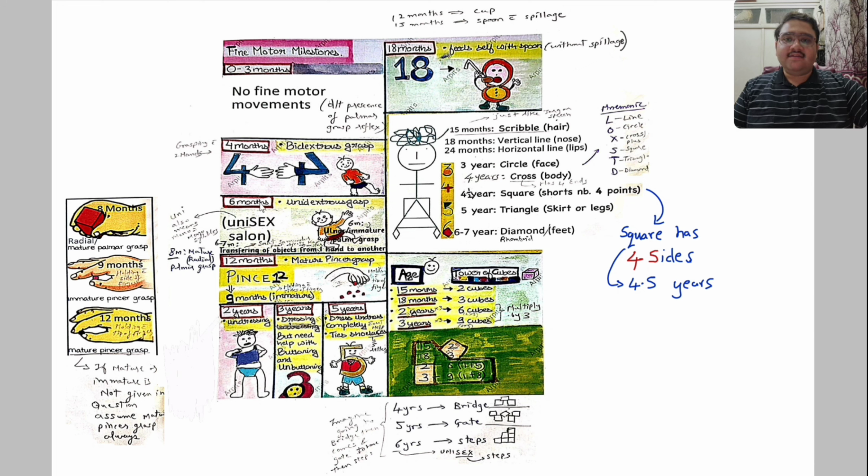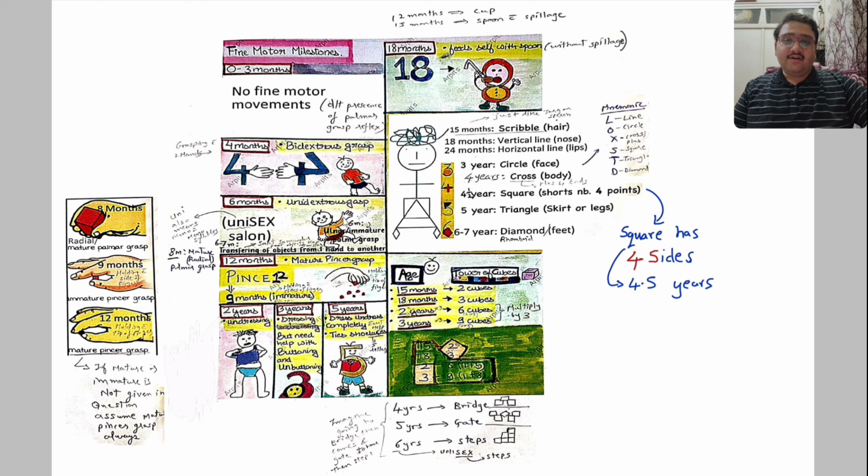Then at 6 months unidextrous grasp, grasps with 1 hand. You can remember like unisex saloon, unisex. So uni means unidextrous grasp and 6 for 6 months. Also uni means mono, that is single. So monosyllables at 6 months.